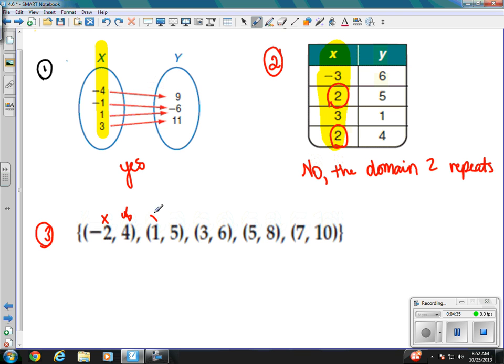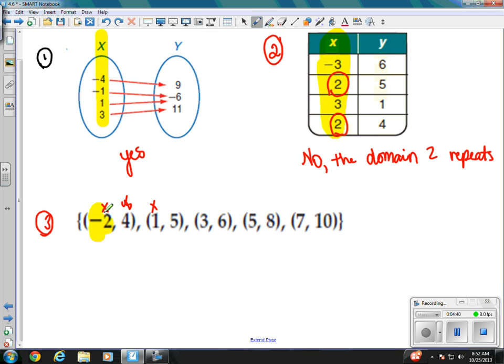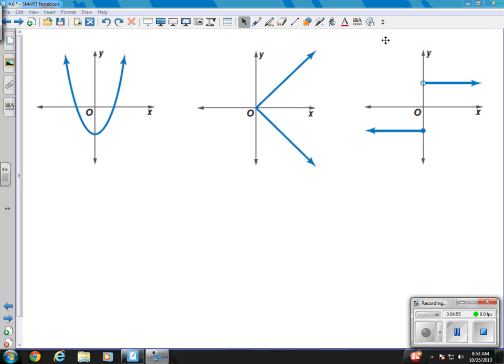So because x comes first, I'm going to highlight all my x values. We're going to look at just our x values and say -2, 1, 3, 5, 7. They're all different, so they're all unique. So yes, it is a function.